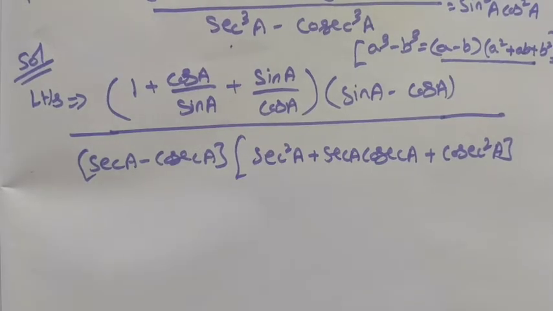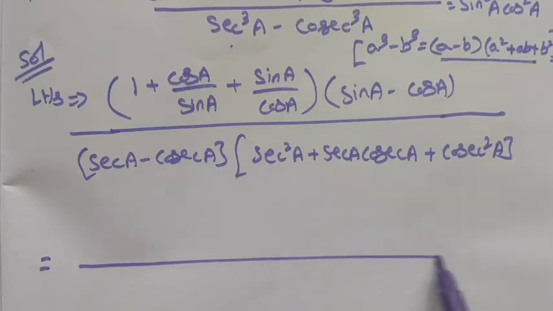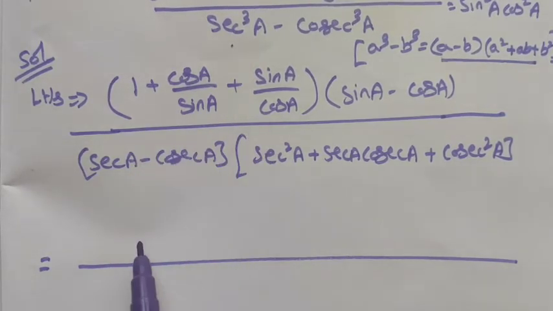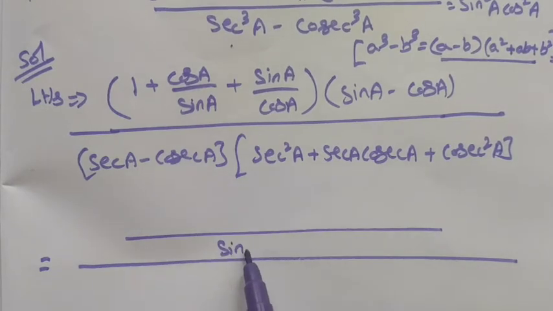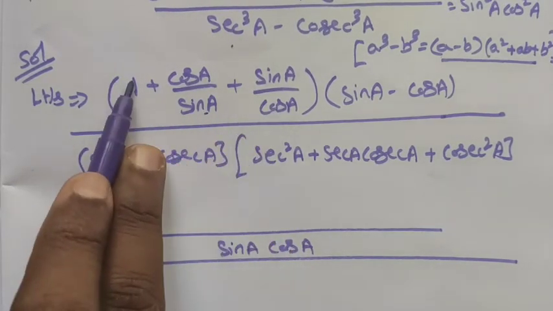For the numerator term, here I am going to take the LCM as sin A cos A. The LCM means that sin A cos A should be multiplied with each and every term.